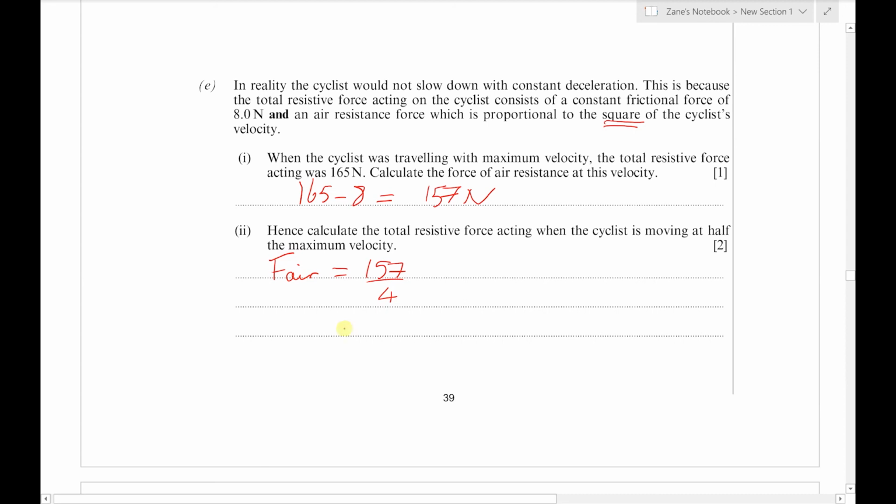The total resistive force would then be that answer plus the 8 newtons constant frictional force. So 157 divided by 4 gives us 39.25, plus the 8 will give us an answer of 47.25 newtons.